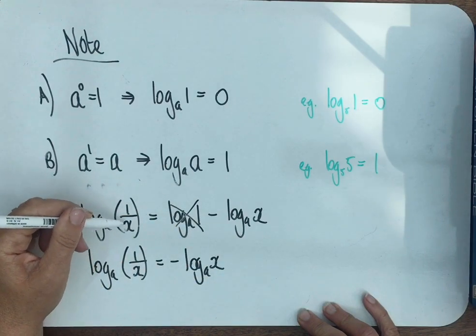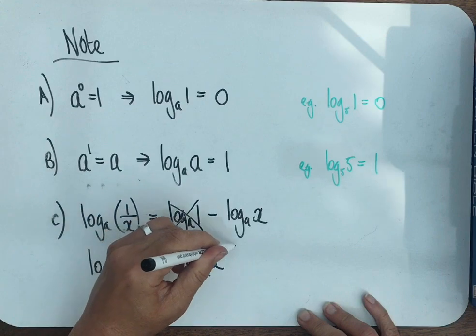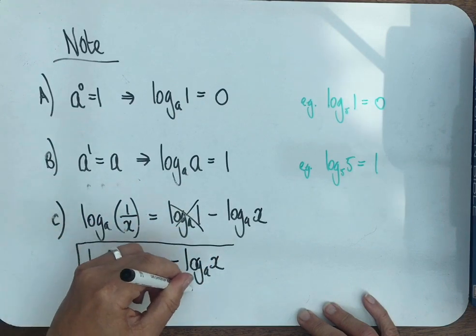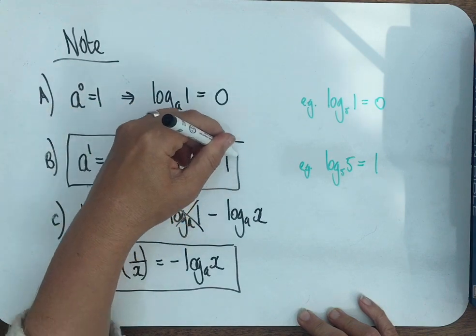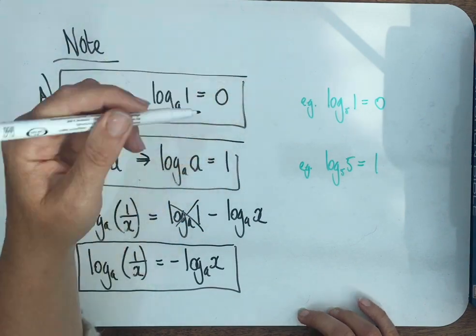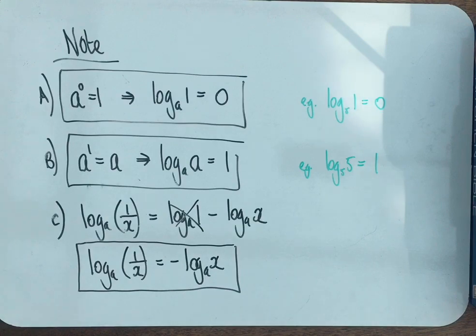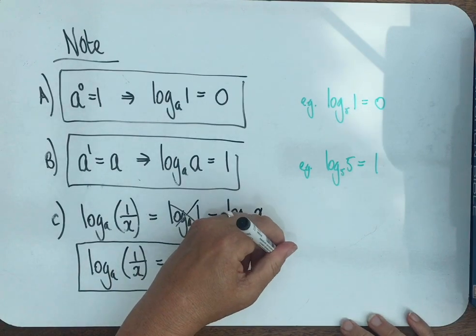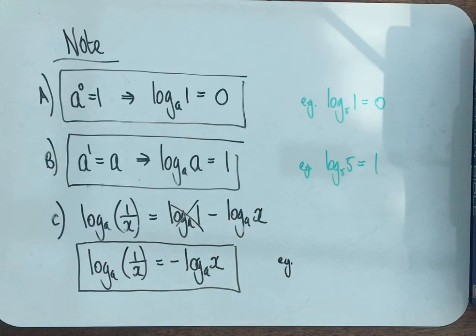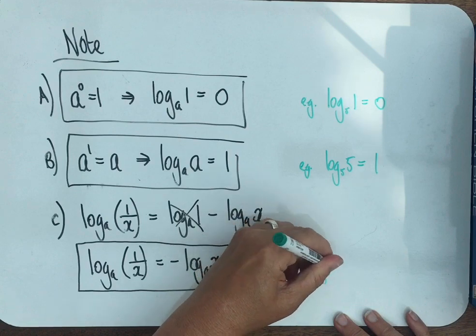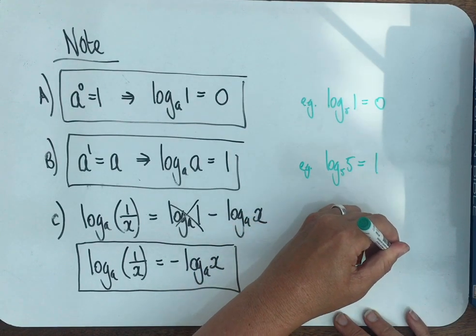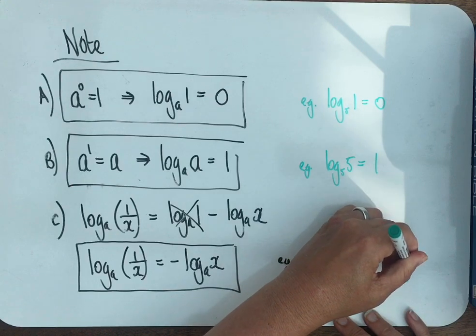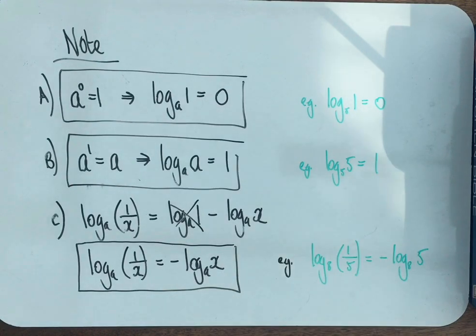Or you could write that as x to the power minus 1 and then pull the power over. But just sometimes you'll see these fractions as being rewritten. So it's worth staying aware of those things that result from the laws of logarithms. So e.g., sorry, my colour coding is gone. So log to the base 8 of 1 over 5 equals minus log to the base 8 of 5.